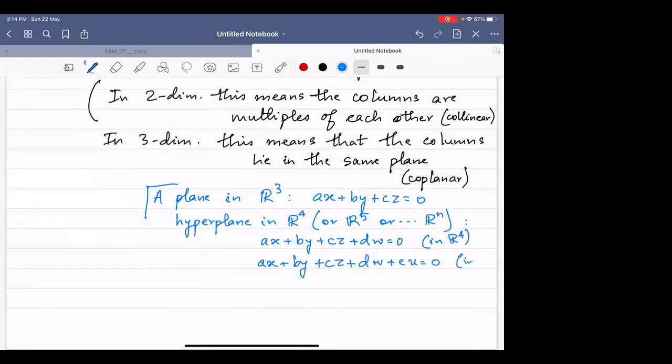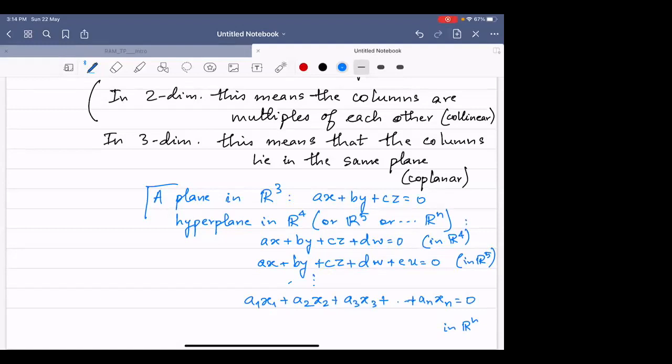This is how it will look like in R5. And in general, if I have variables x1, x2, x3 and so on up to xn, this is happening in Rn now, there are n directions, then an equation of the form a1 x1 plus a2 x2 plus a3 x3 plus dot dot dot plus an xn equal to 0 defines a hyperplane.